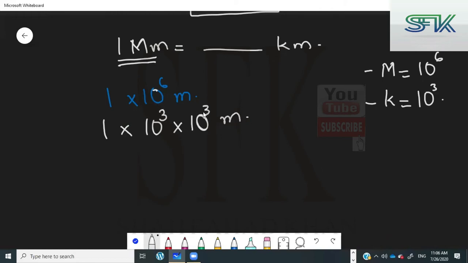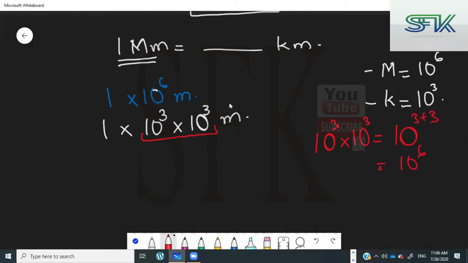Why can I do that? Well, that's a rule of indices. Whenever the bases are the same, which in this case are the tens, the powers get added. When you multiply these two tens, they'll give you 10 raised to the power of 6, because when the bases are the same, you keep the base the same, but you add the powers.